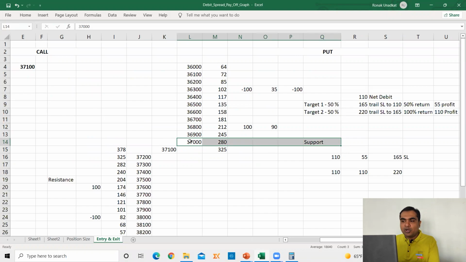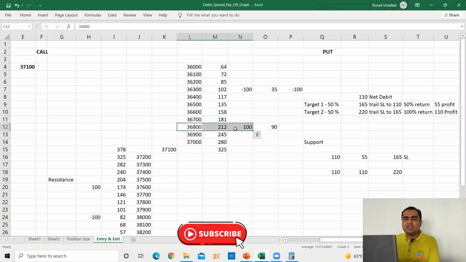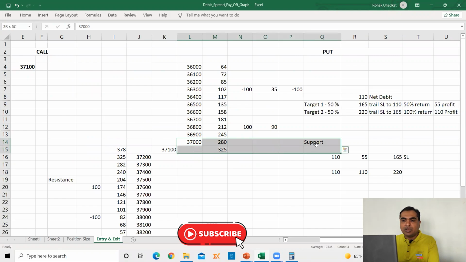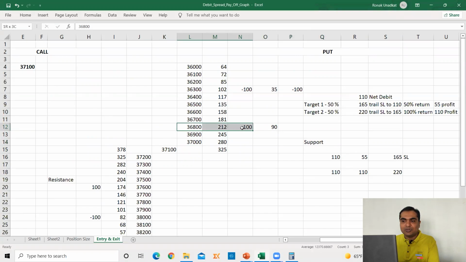As and when this support breaks, guys, I will take the trade and buy the immediate next strike price or the next to next strike price. So in this scenario, if 37,000 breaks, I will buy the 36,800 at 212 and sell the 36,300 at 102. So this strike price I select based on the support.